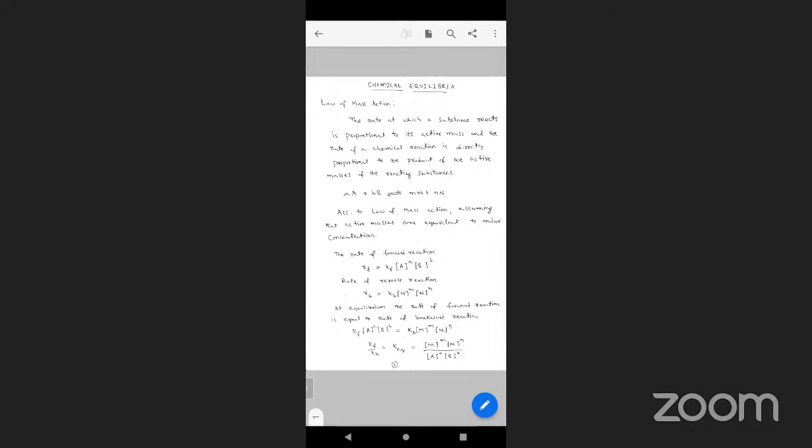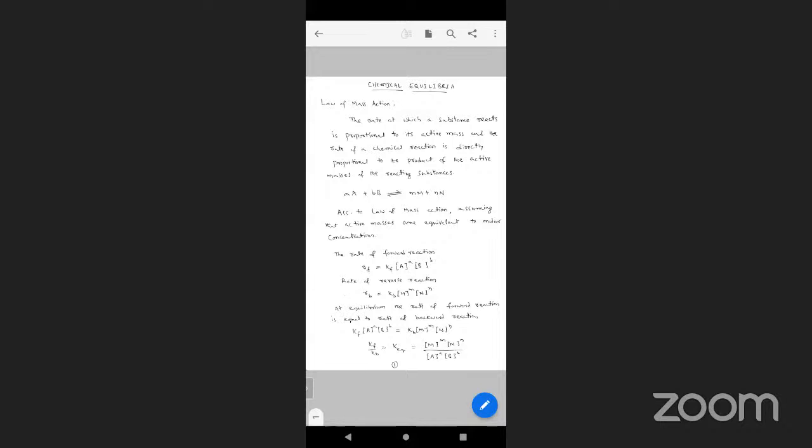The rate at which a substance reacts is proportional to its active mass, and the rate of a chemical reaction is directly proportional to the product of the active masses of the reacting substances. So this is a statement of the law of mass action. Either we take it in terms of active masses, or we can also take molar concentration.